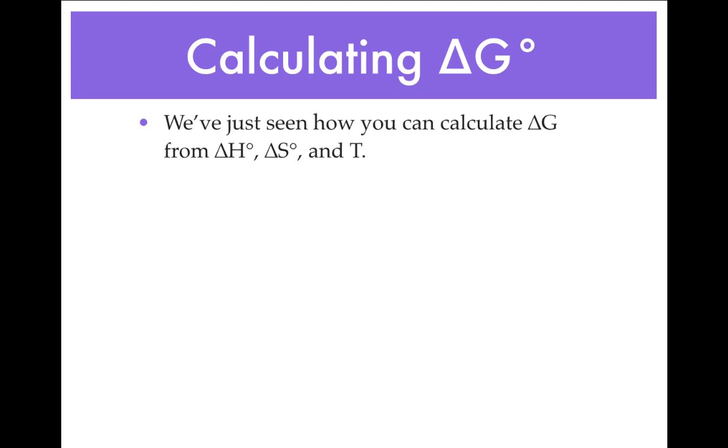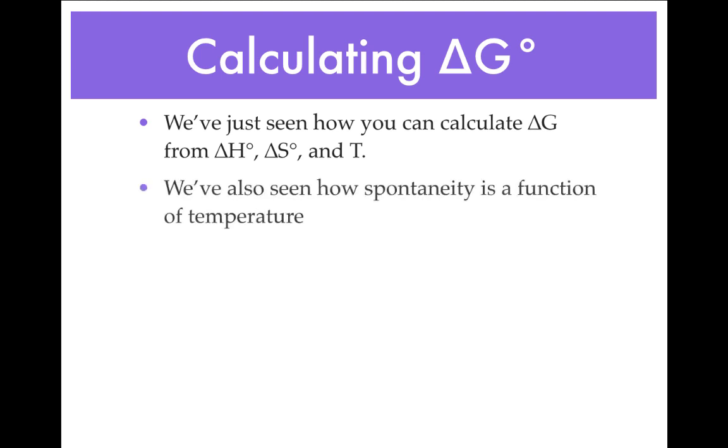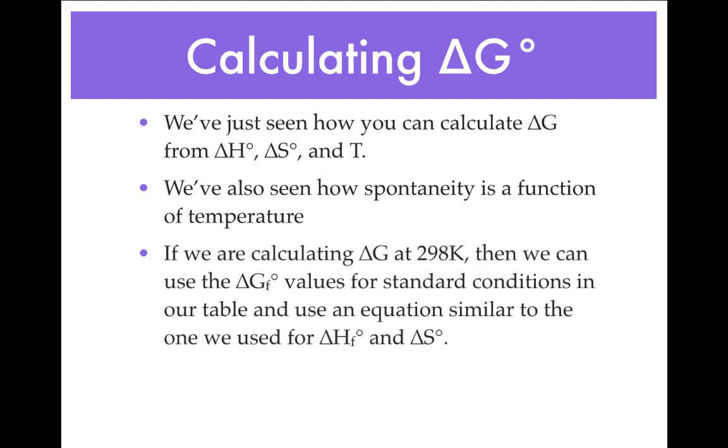Well, let's see how we can calculate delta G0. And that little zero indicates that we're under standard states. So we've seen how we can calculate delta G using delta H0, delta S0, and T. We've also seen how spontaneity is a function of the temperature sometimes. So if we happen to be calculating delta G at 298 K, then we make that a set of standard conditions.